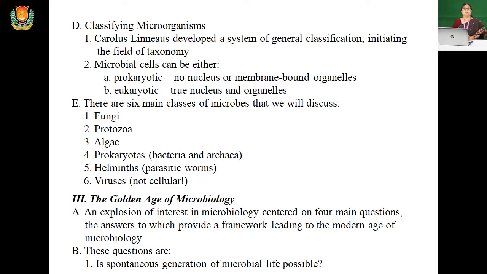Actually, archaea are found in primitive conditions, that is, extreme conditions of the environment, either very high heat, very cold water, or very high pressure. According to that, they are named. Right. Next come the helminths, which are parasitic worms, and the viruses, which are not cellular, as already explained to you. After that, there was an explosion of interest in microbiology.